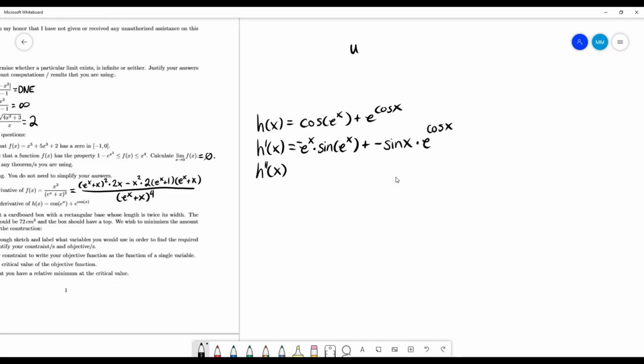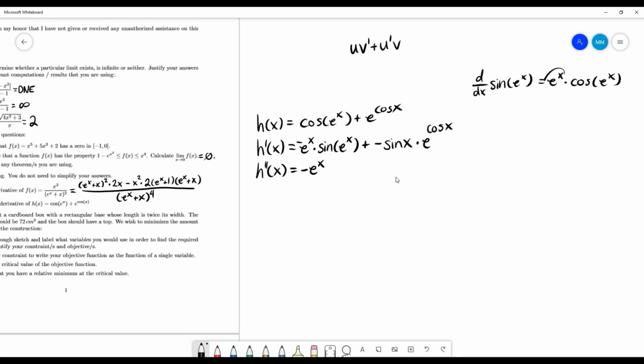So remember, our product rule is the first term times the derivative of the second plus the derivative of the first term times the second. So that's going to be negative e to the x times, well, this is chain rule now, so the derivative of sine of e to the x is going to be the inside times the derivative of the outside.